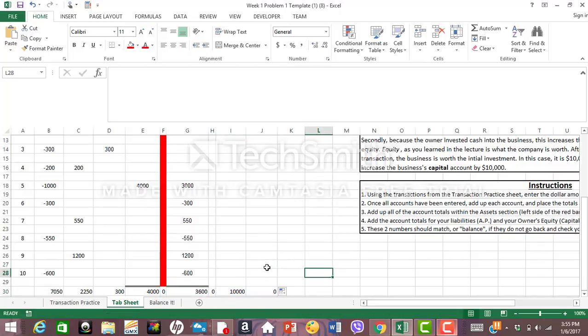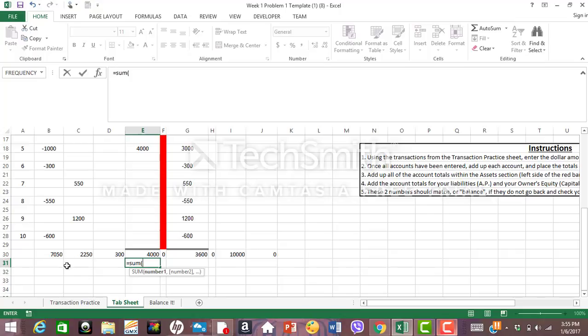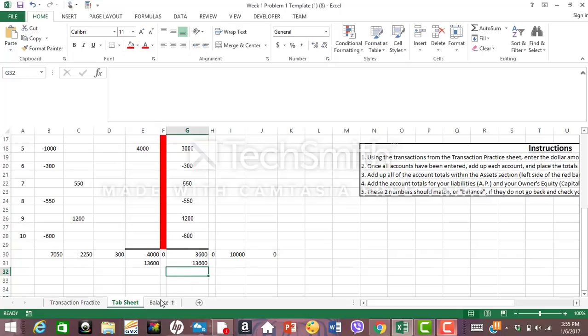All right. So then I am going to sum all our assets, and if I sum all of the assets right here, that gives me assets equal to 13,600. And if I sum my liabilities plus owner's equity, it gives me a sum of 13,600.